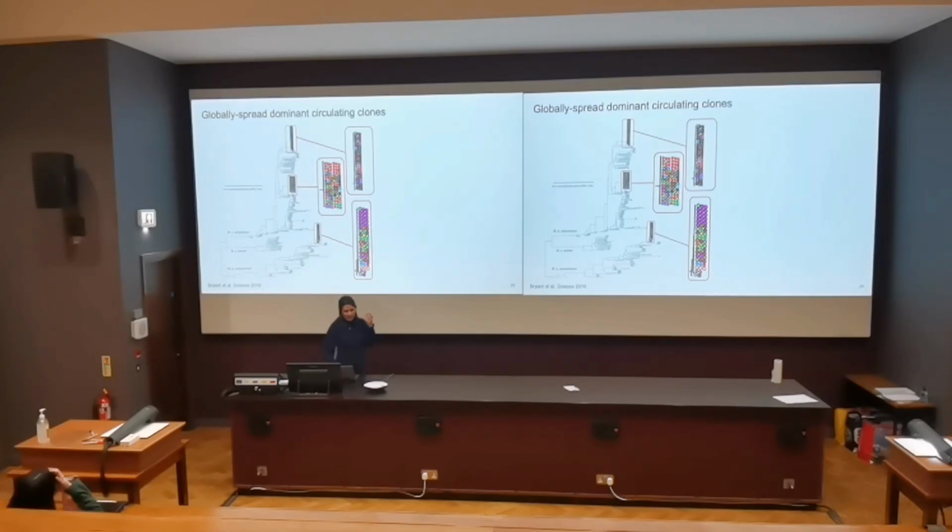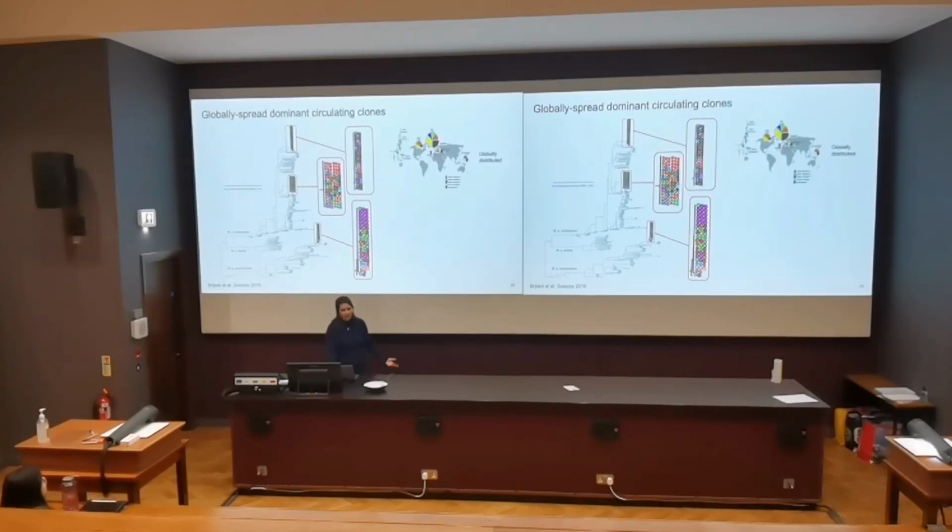And so we called these dominant circulating clones, and these dominant circulating clones are known to exist for other bacteria as well, and they're hypothesized to be clones that are more successful in humans, so they're ones that may be moving towards the more human disease niche and away from the environmental niche. That's the hypothesis anyway.